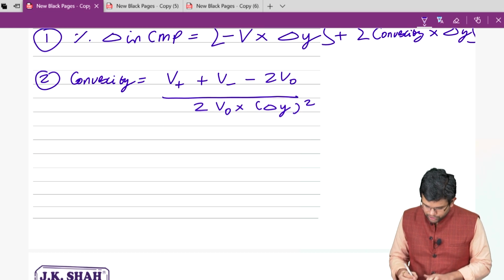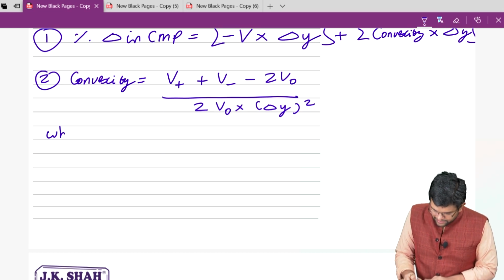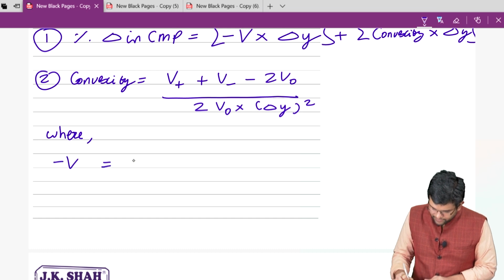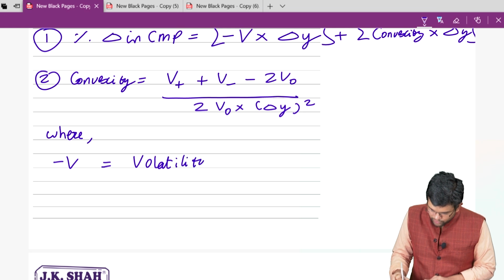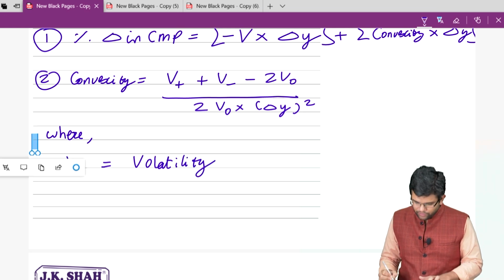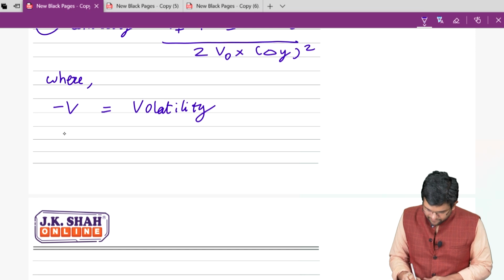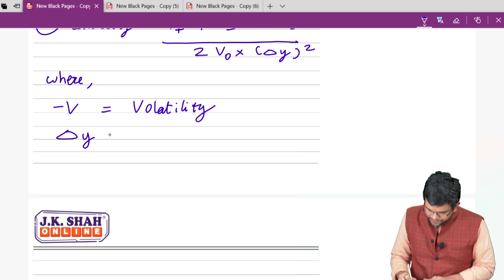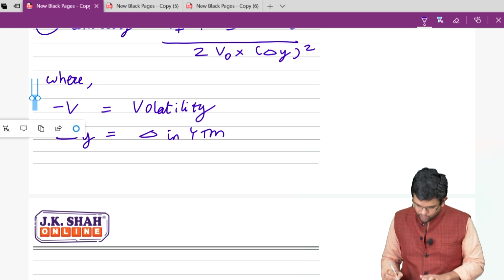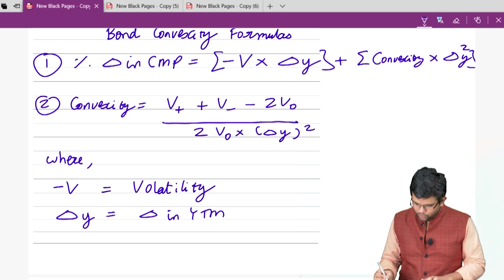Okay, so children, where I'll write down here, where V refers to volatility. Okay, it refers to volatility, that is the modified duration. Okay, then children, delta Y refers to change in YTM. Okay, delta Y refers to change in YTM. And then convexity, you know what it is all about.